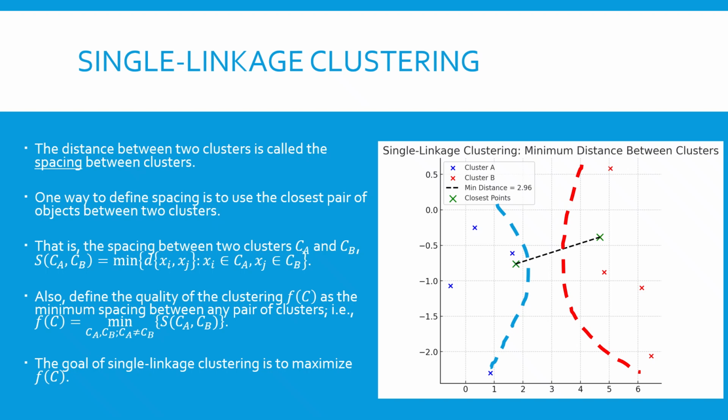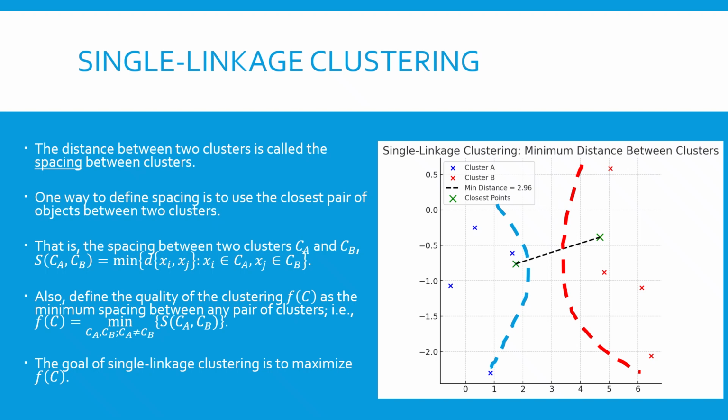To perform agglomerative clustering, we need a way to measure how similar two clusters are. We call this measure the spacing between the clusters. One simple definition of spacing is the distance between the closest pair of objects in the two clusters.